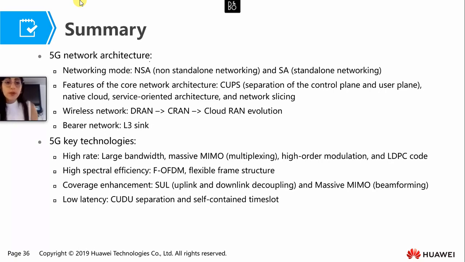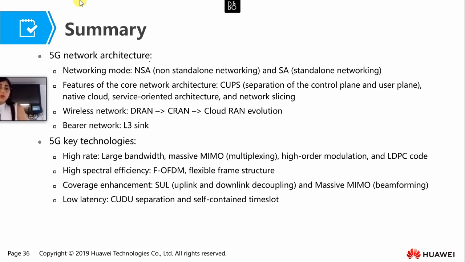Then we saw the features of the core network architecture. We have a control user plane separation. So we saw the architecture, the structure of the 5G core network, and we saw that the user plane is completely separate from the control plane. And this allows us to do what? To implement multi-access edge computing.